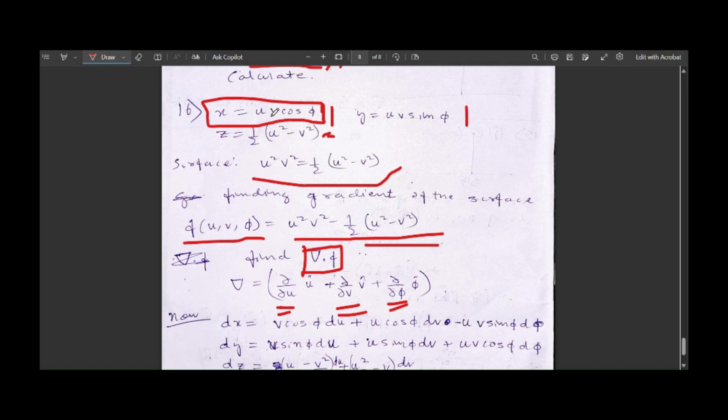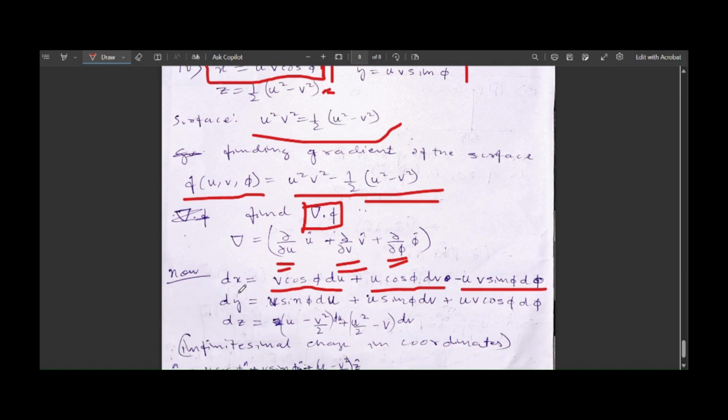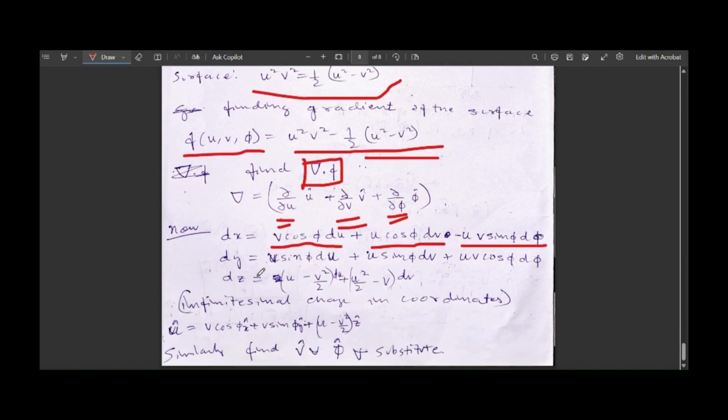If we differentiate with respect to u, dx/du becomes v cos φ, so v cos φ du. Then with respect to v, u cos φ dv. Then with respect to φ, −uv sin φ dφ. You have to add all this and you will find dx. Similarly find dy and dz.